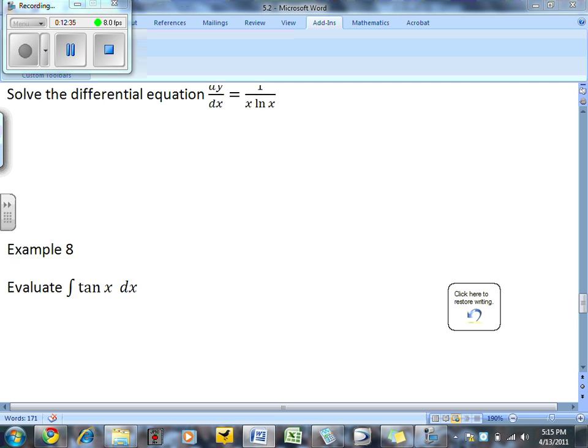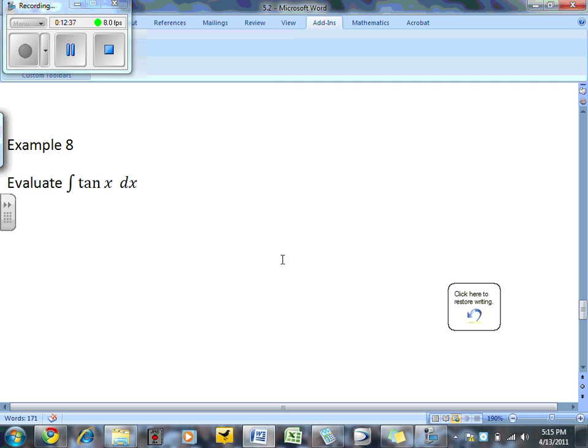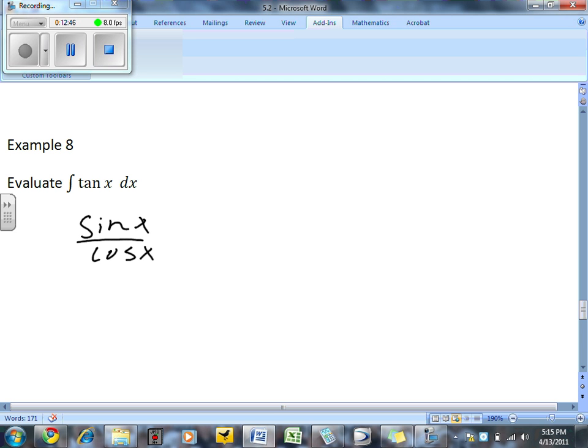And the last one here, the integral of tangent x. Just to show you how we can do this, we can break tangent into, if you remember from our trig days, the sine of x all over cosine of x. All right. If you think about this, the derivative of the bottom, the derivative of cosine is negative sine. So in order to get the top to look like the derivative of the bottom, we have to multiply it by a negative.